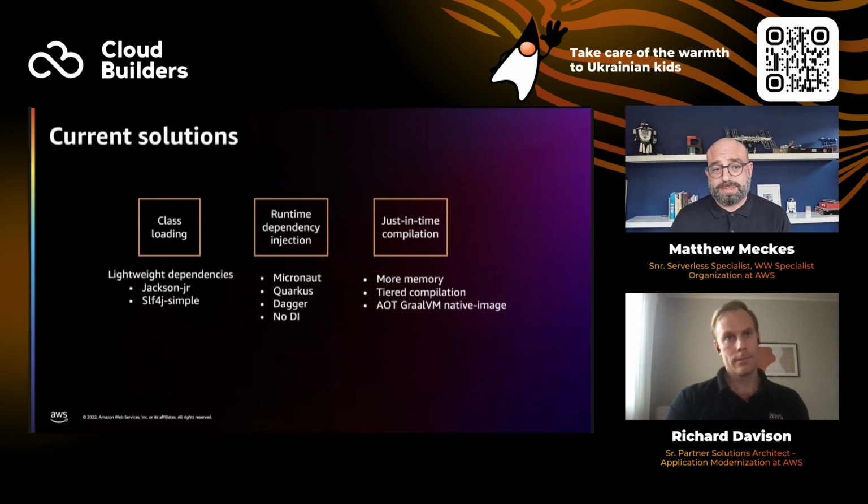You can apply something called tiered compilation, which tells the jitter to stop at the C1 compiler, so it's not doing quite as much work, but it's still doing enough to get reasonable performance. And you can also use something like GraalVM to compile your Java application into a native image.